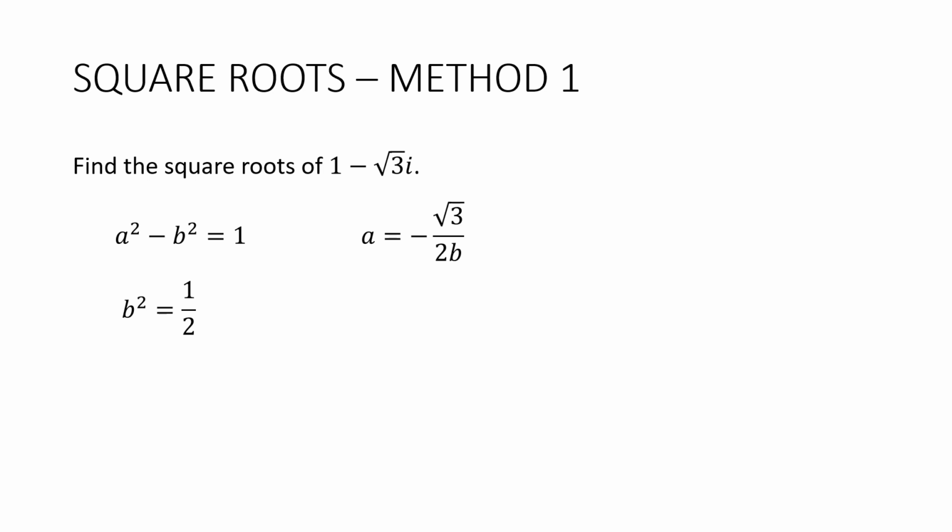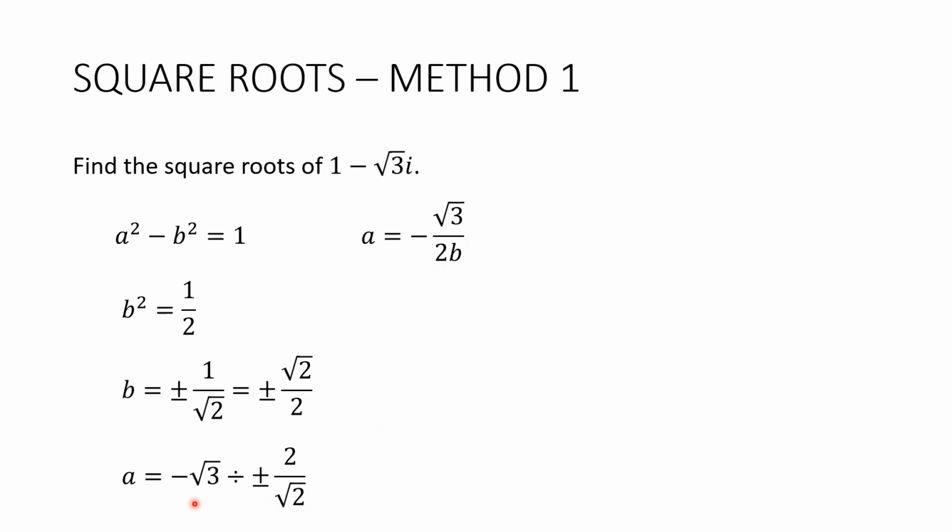So taking the square roots of both sides, we end up with b is equal to plus or minus 1/√2. If I rationalise the denominator, we have plus or minus √2/2. Now we also need to know what a is, and I'm actually going to substitute in this version of b, so I end up with the square root on the top. So a is equal to -√3 divided by 2/√2, and I've taken the plus or minus here.